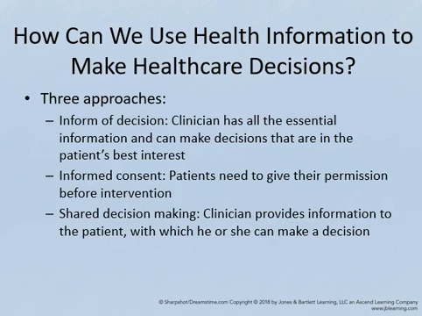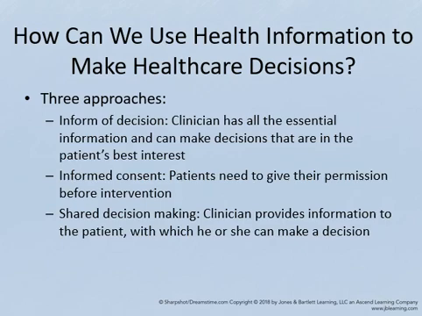With informed consent, the clinician has the responsibility to give me recommendations, but I must decide whether or not to accept or reject their recommendations. So the patient needs to be given some information and they make the decision, but still it's the clinician that's giving me that information.